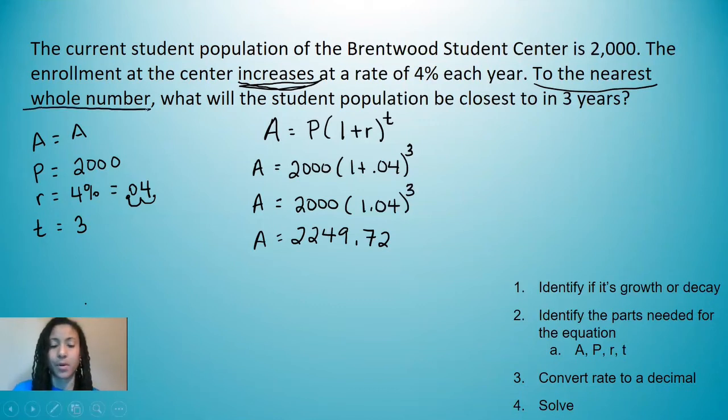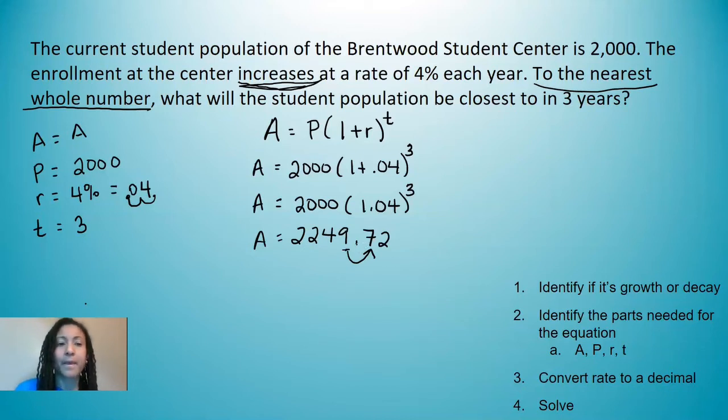Whole number means the digit before the decimal. So we're looking at this 9. In this case, we're talking about population. We want to round to the nearest whole number, and if we look to the right, this is what determines whether we round up or leave it.